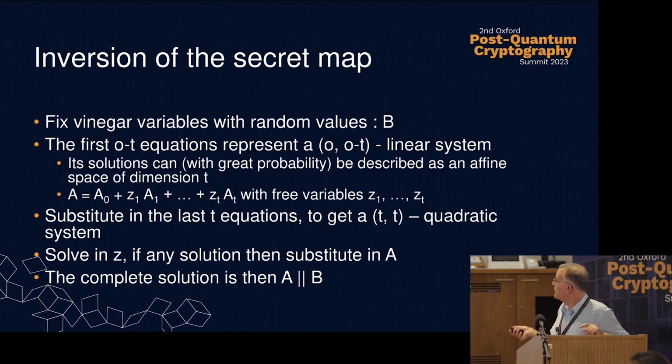With great probability, since this part has more variables than equations, it has O variables and O minus T equations, the solution can naturally be represented as an affine space of dimension T. And you can get formally the equation of the general solution of this system, where A0, A1, ..., AT have to be determined at this moment.